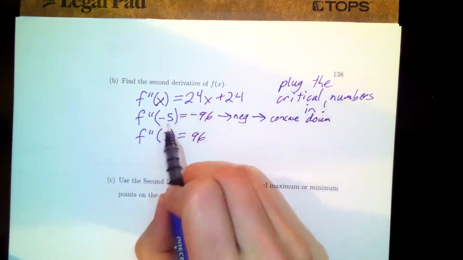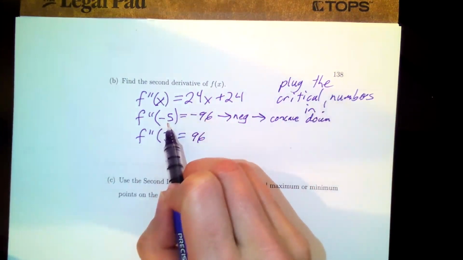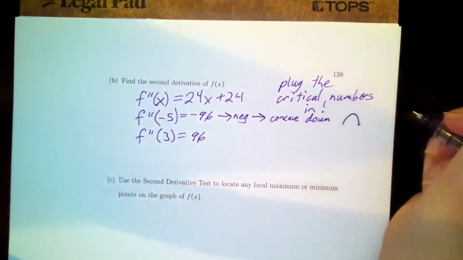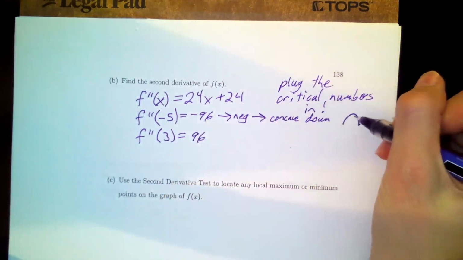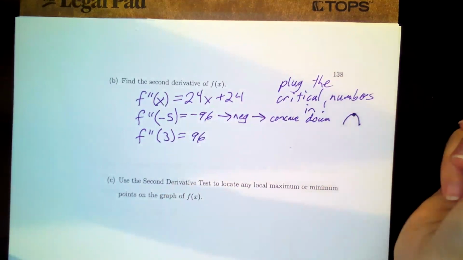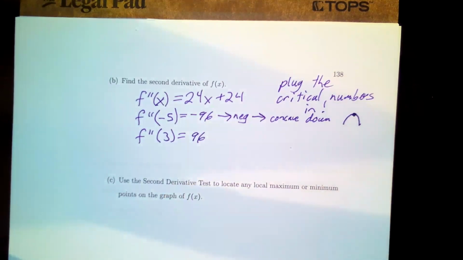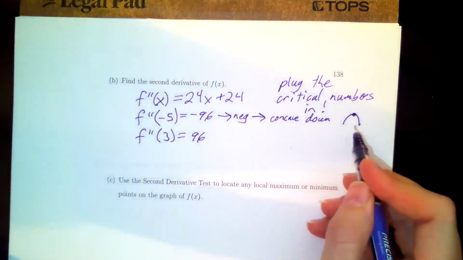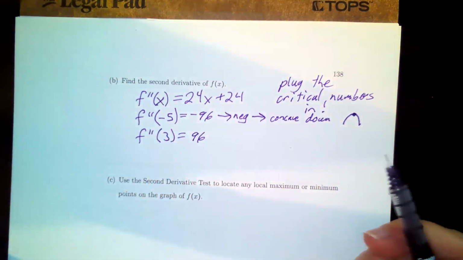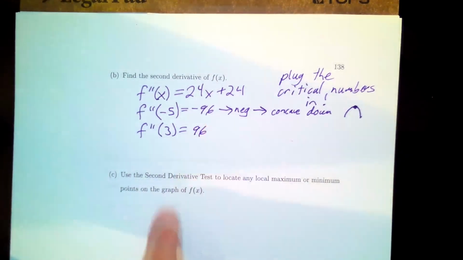Since it's a critical number, and it's potentially a max or a min, and it's concave down at that potential max or min, what's it going to be? The only shape that's possible indicates that it has to correspond to a max. And so what you would say at this point is that there is a local max at x equal to negative 5. So I kind of started the next step's work.